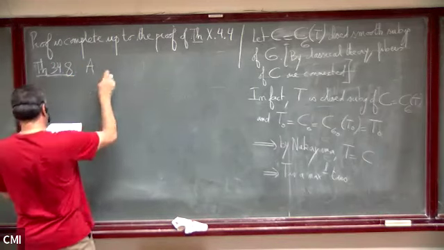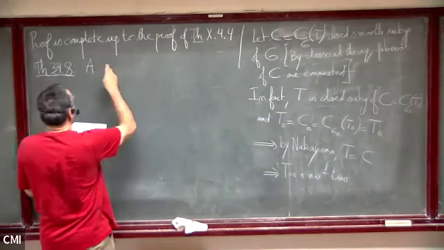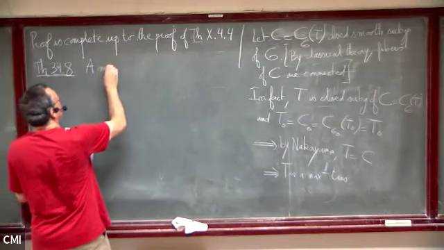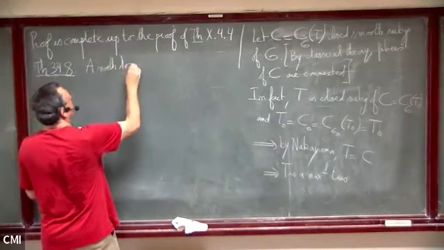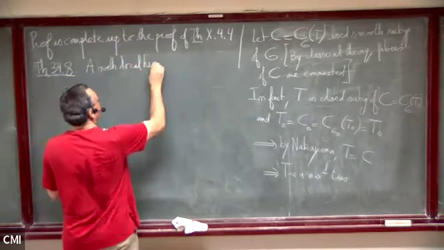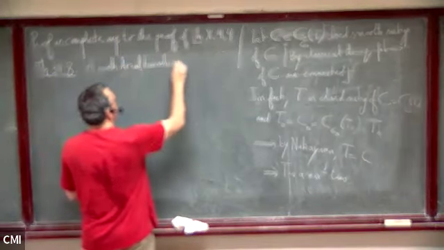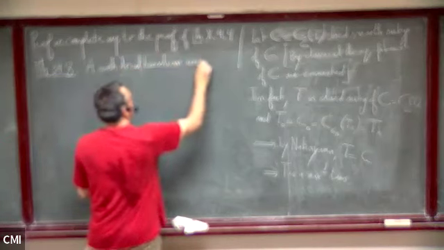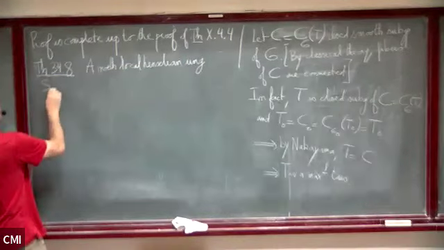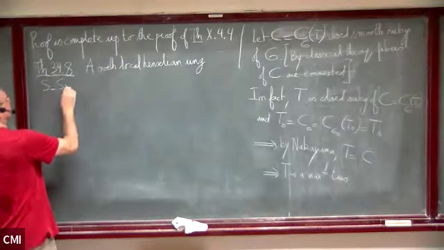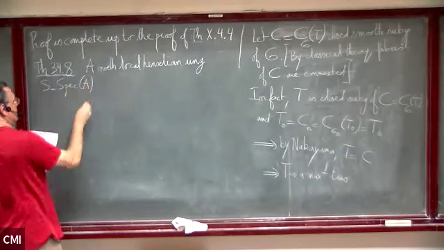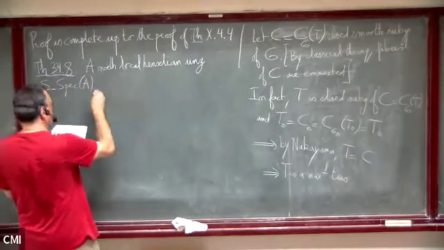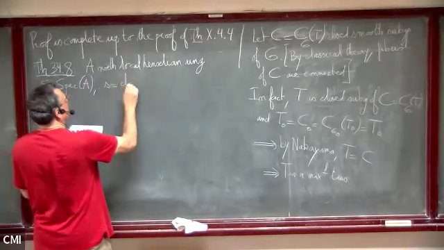Well, so A Noetherian local and Henselian ring, with S as its spectrum and with closed point.